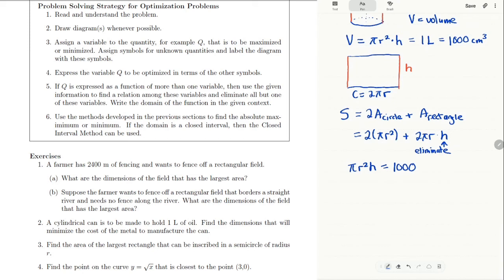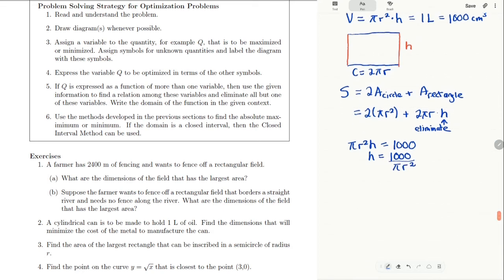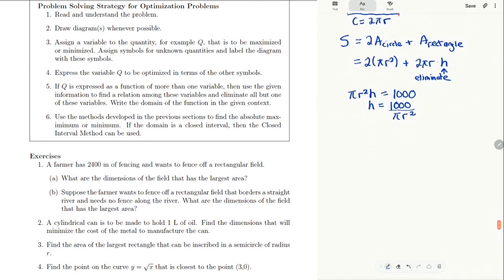So we can solve for h in this equation and then substitute it into the surface area equation. So dividing by pi r squared, we get that h is 1,000 over pi r squared. So now we can write the surface area as 2 pi r squared plus 2 pi r times 1,000 over pi r squared.